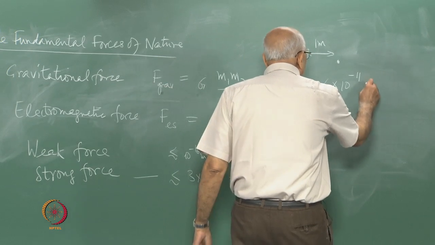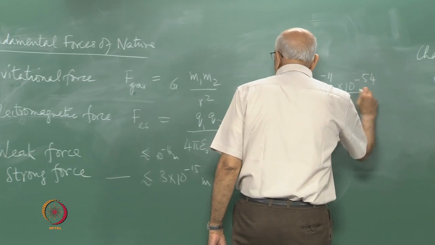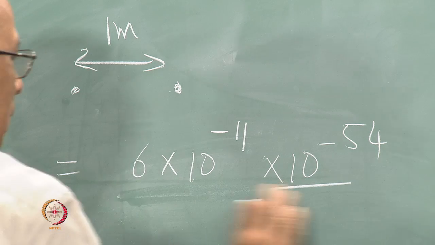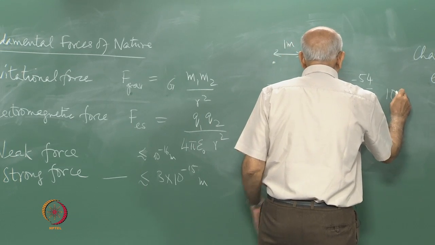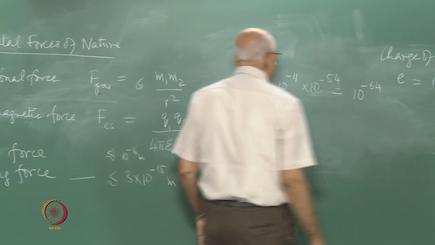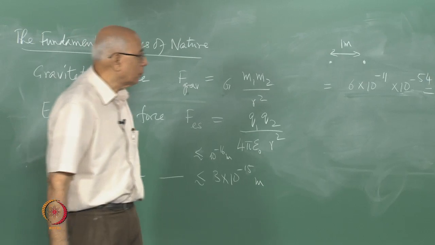So this is multiplied by 10 to the minus 54, divided by the square of the distance between them, that is 1. So this is of the order of 10 to the minus 64.